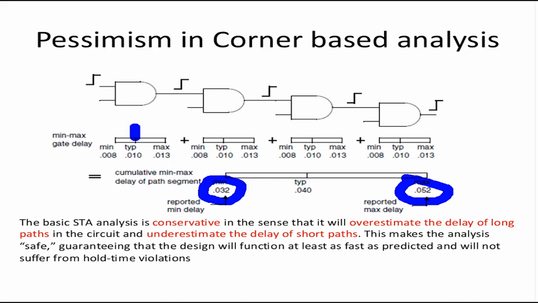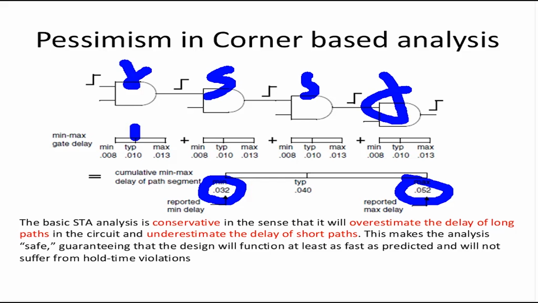For the hold path, it will assume that all AND gates are fastest, right? But what is the reality? Reality is this may be fast, but this may be slower, or this may be slowest, and this may be fast again. This is the reality because of the local variations. Not all the devices will be slower. So this is why we say that it will overestimate the delay of the long path.